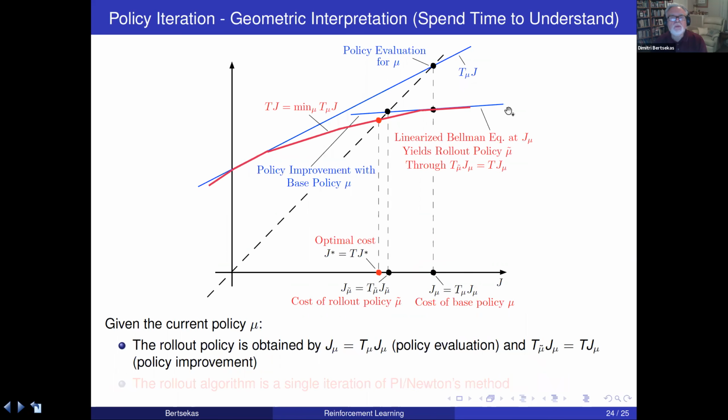Now, let's go to policy iteration and try to interpret that. This is a more difficult visualization, and I hope you'll spend some time to understand it because it reveals an awful lot about policy iteration.